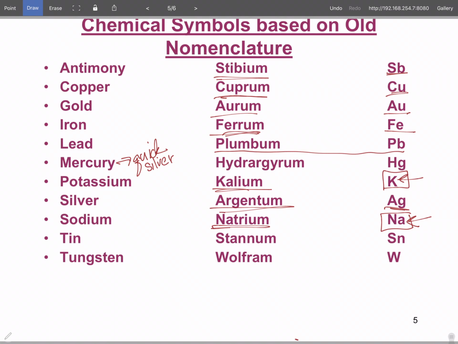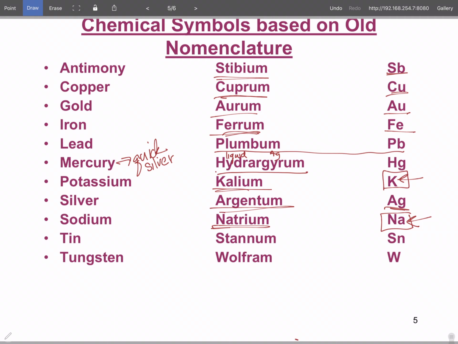So that's why if you look at this, it's hydroargyrum, which is hydra, liquid, silver. So that's why mercury is Hg, hydroargyrum. Okay? Comes from that one.